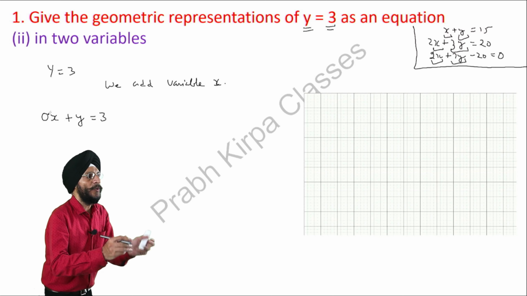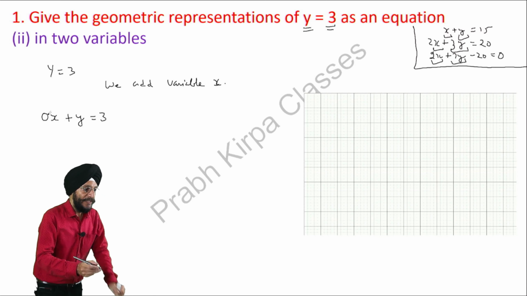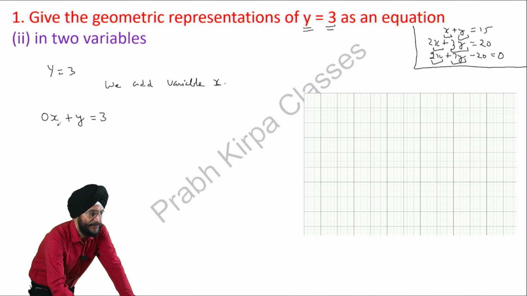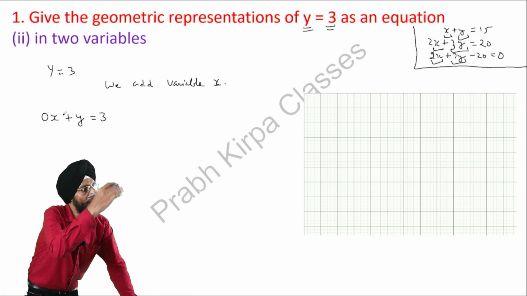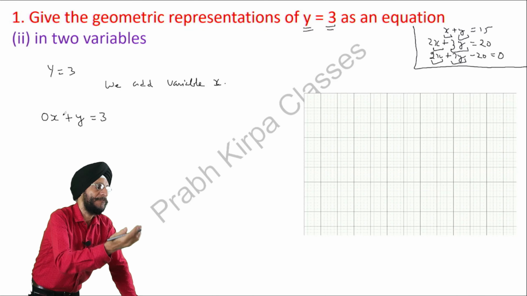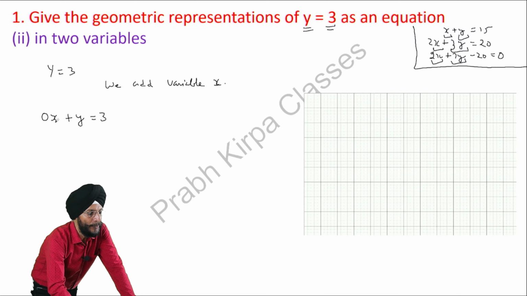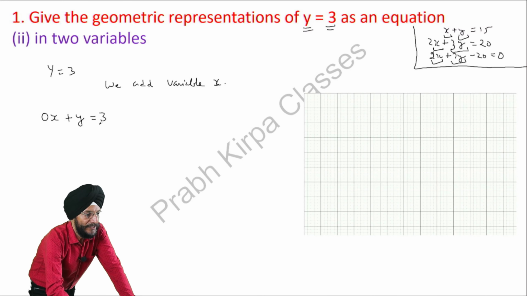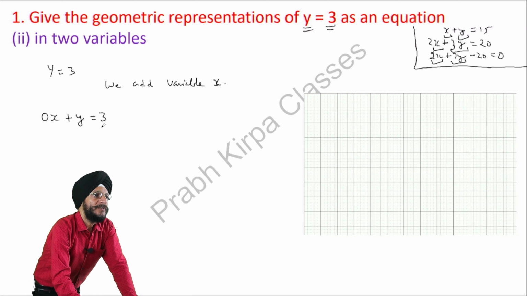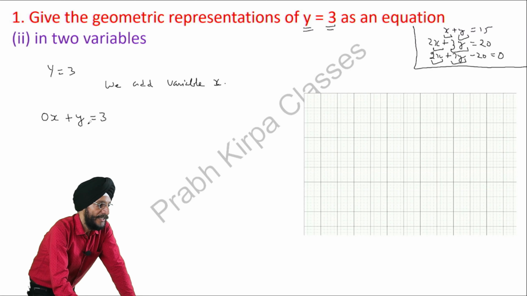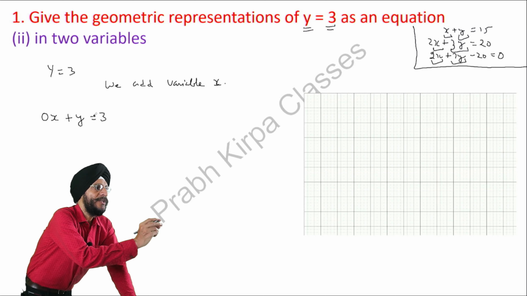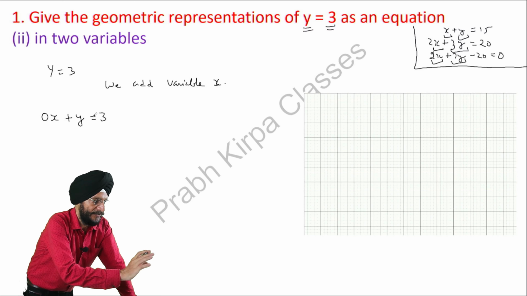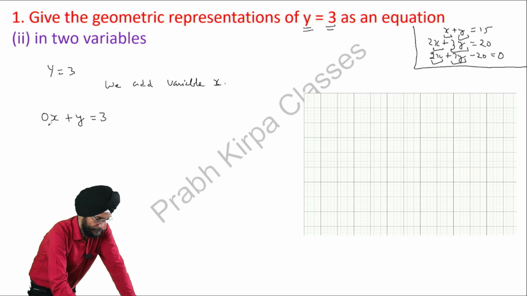If we write 0x, it means that even if the value of x is 1, when it is multiplied with 0, it becomes 0. If the value of x is something else, say 7, when multiplied with 0 it becomes 0. So ultimately y will remain equal to 3. That is, there is no problem if we write it as 0x.